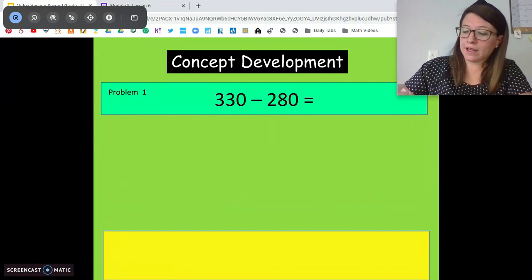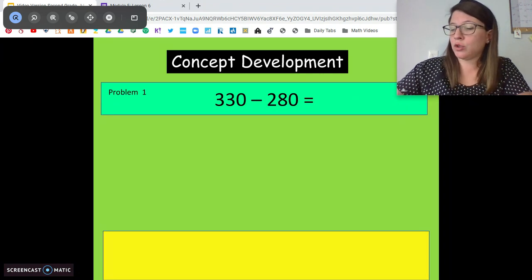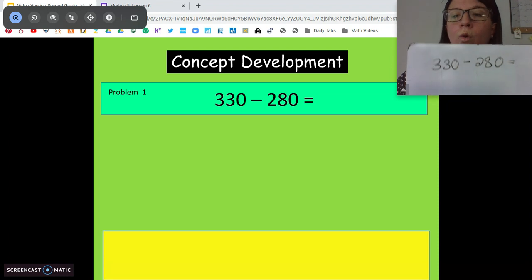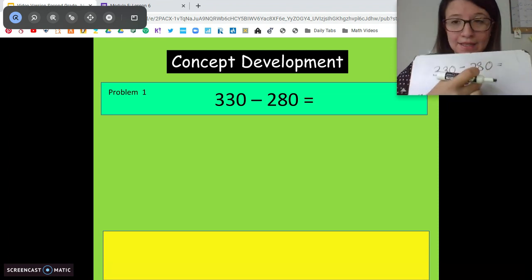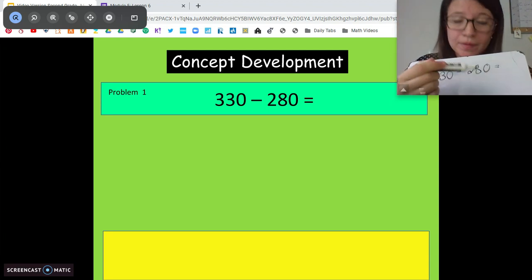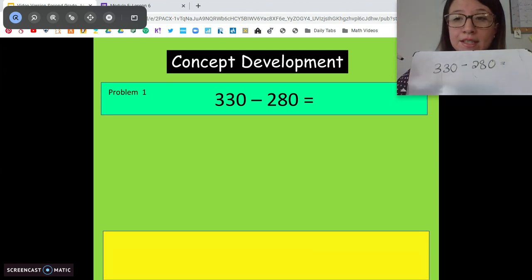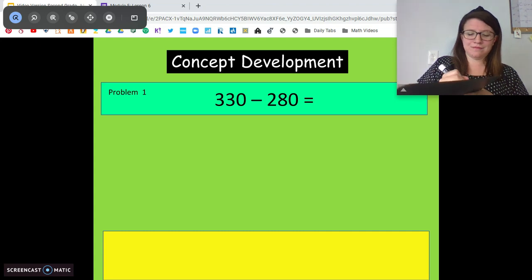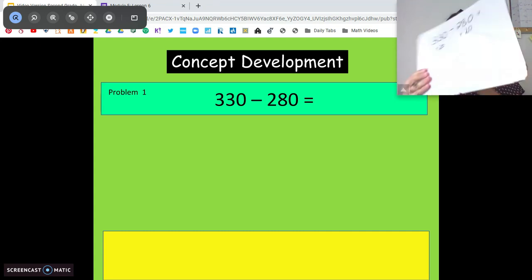So let's write 330 minus 280 on your board. Okay, we want to get this number to its next 100. How many do we need to add to this to get to 300, to get to its next 100? Awesome.